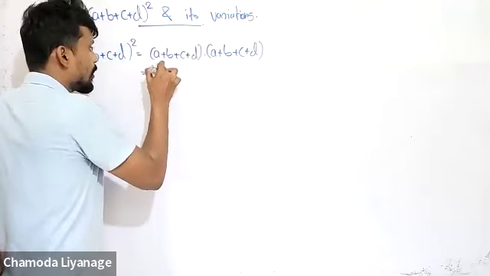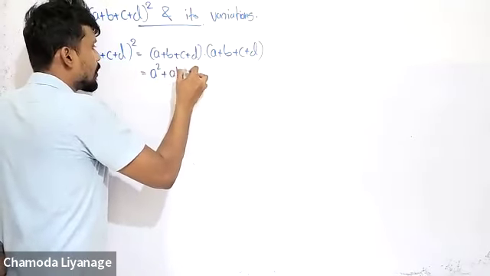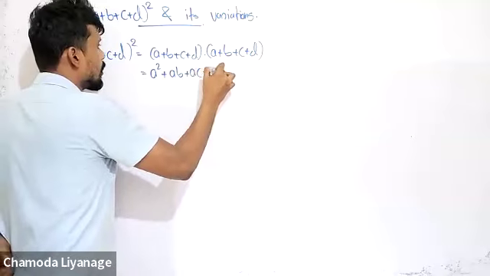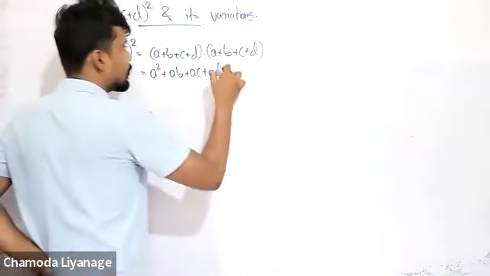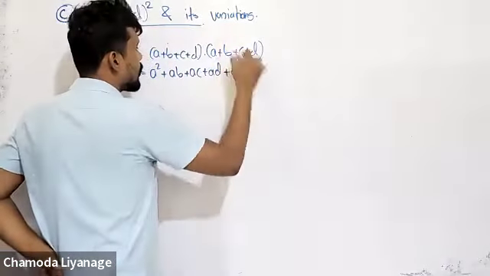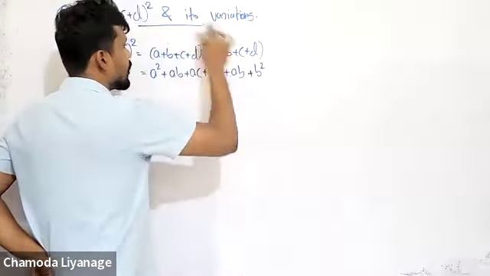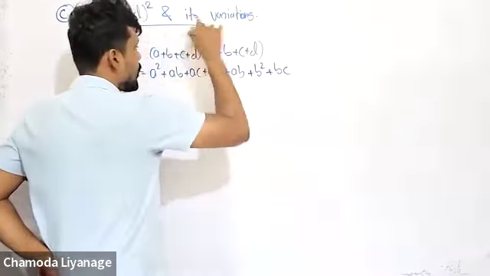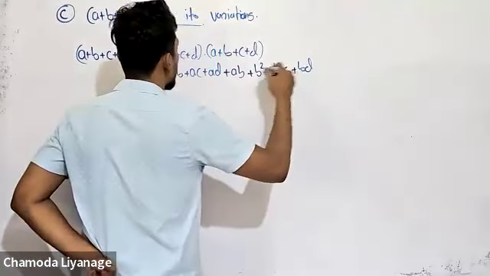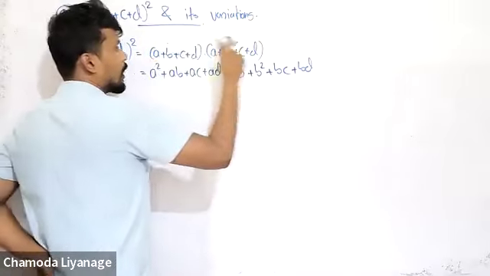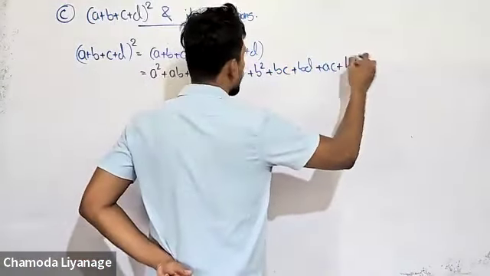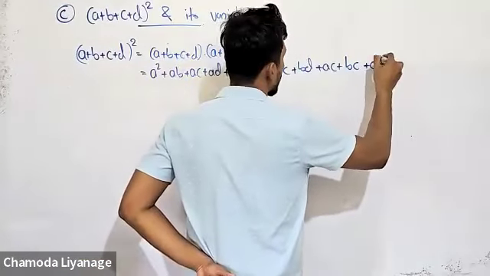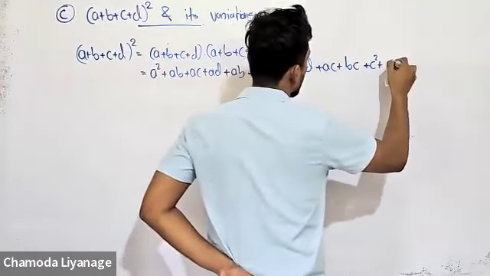a into a, a into b, a into c, finally a into d. After that, come to b: b into a, b into b, b into c, b into d. Now come to c: c into a, c into b, c into c, c into d.